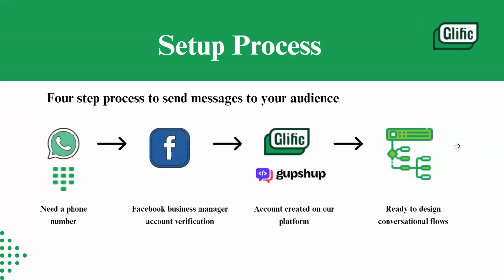Just wanted to confirm if the phone number should not be previously used for a business account. That's what you said, or it should be. For example, our organization already has a phone number that we use for the WhatsApp business account.